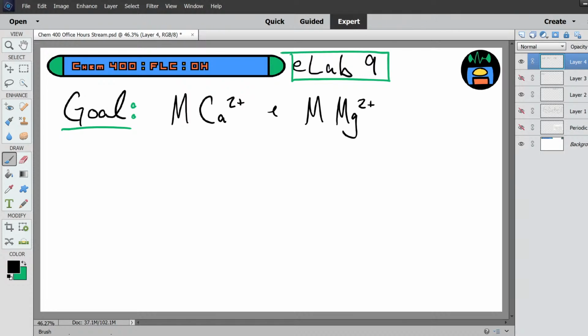Right, that's our goal. And we are using a titration with EDTA to determine the calcium concentration and the magnesium concentration.